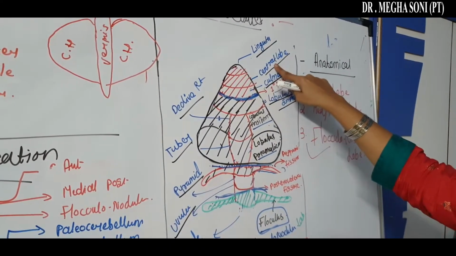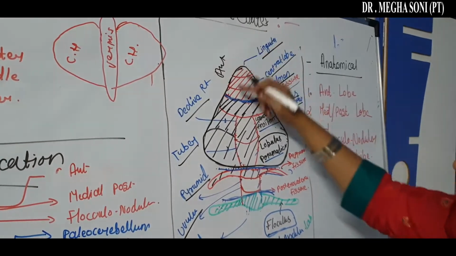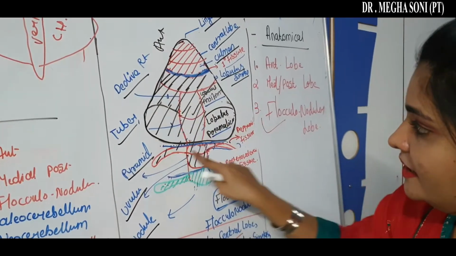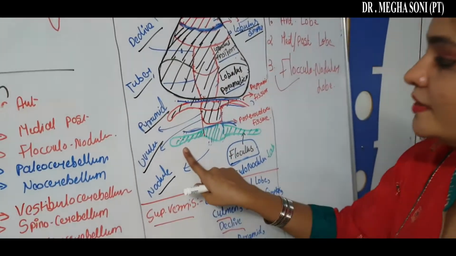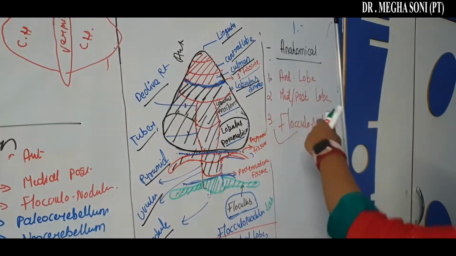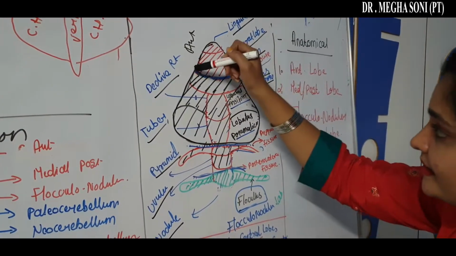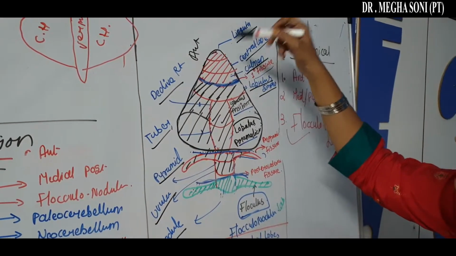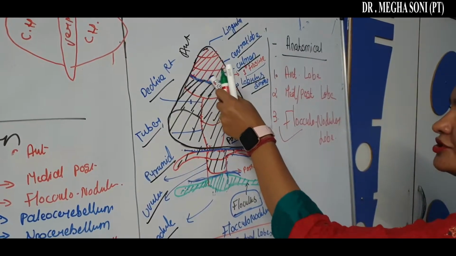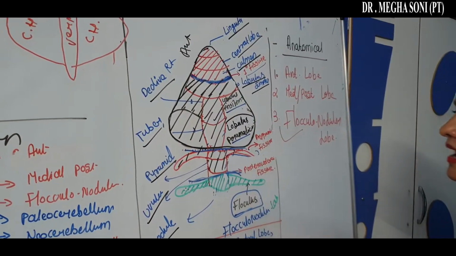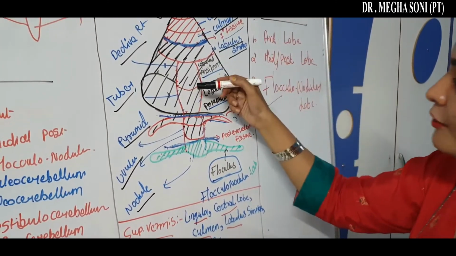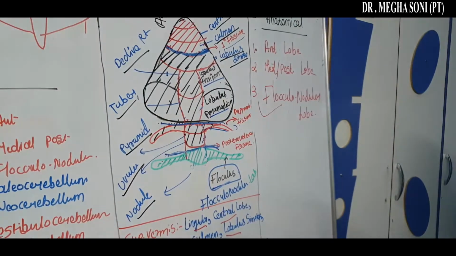This red structure is the anterior lobe, the whole black region is the posterior or medial lobe, and the last one is the flocculonodular lobe. This primary fissure separates the anterior lobe from the posterior lobe. Because of this primary fissure we have 2 lobes, anterior and posterior, and because of the posterolateral fissure we have the posterior lobe and the flocculonodular lobe.